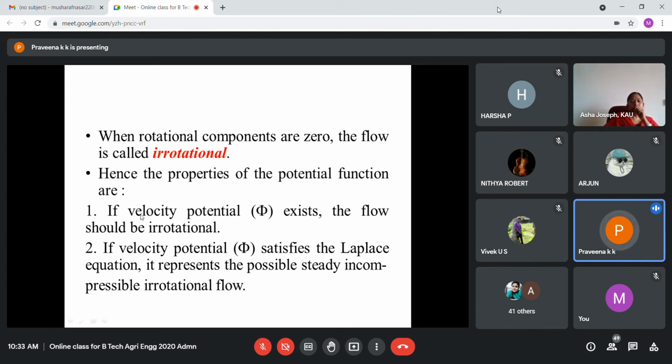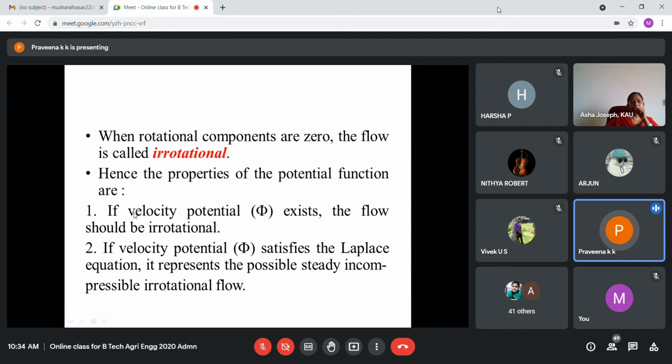One is, if velocity potential phi exists, the flow should be irrotational. Second property, if velocity potential phi satisfies the Laplace equation, it represents the possible steady, incompressible, irrotational flow.